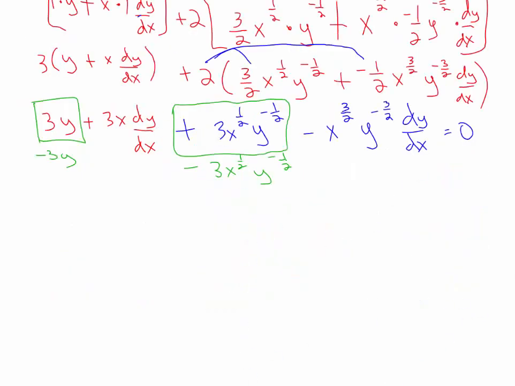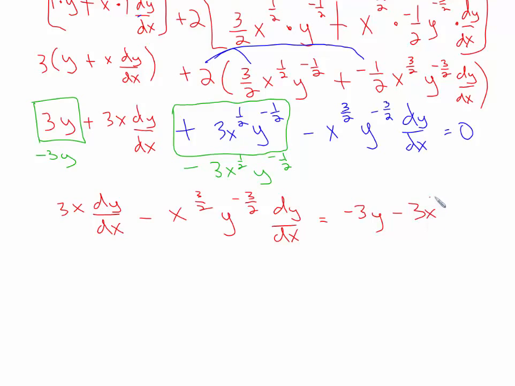So what is that going to leave us with? That is going to leave us with this 3x dy dx minus x to the 3/2 y to the negative 3/2 dy dx is equal to negative 3y minus 3x to the positive 1/2, and y to the negative 1/2.